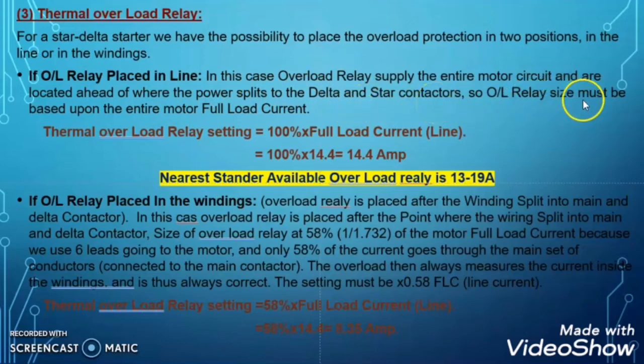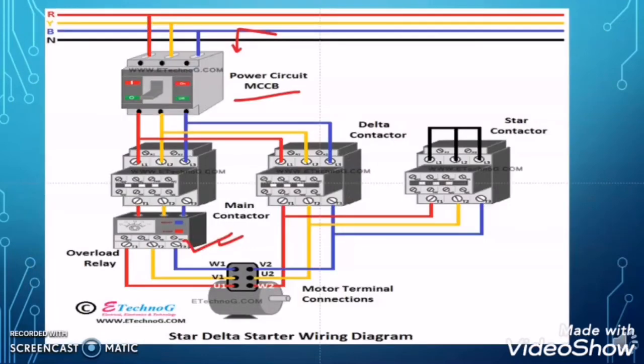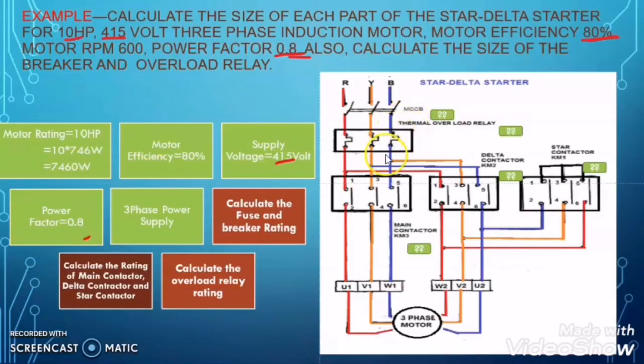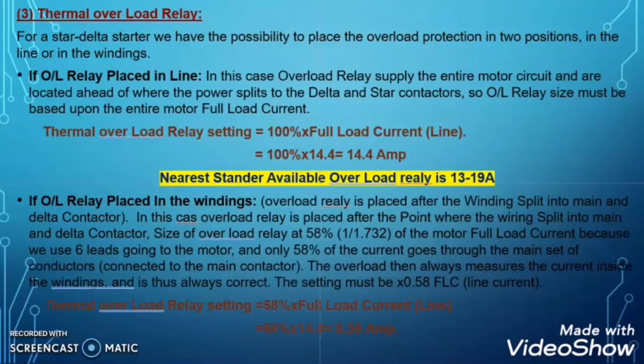So the overload relay size must be based on the full load current. Why full load current? You can see from this example, the full load current will pass through this relay. So the sizing or the rating of this overload relay will be based on the full load current of the motor.